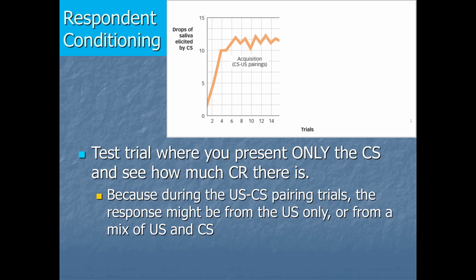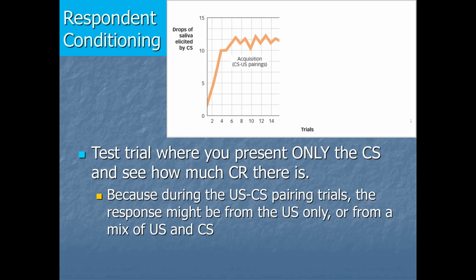So basically what we do is we just occasionally insert a test trial, sometimes called a probe trial, among all those CS-US pairing experiences. So among all those trials where we're going sound plus meat, sound plus meat, sound plus meat, we'll occasionally insert a test trial where you present only the CS, so only the tone, and see how much of a conditioned response there is, how much they drool to just the tone.